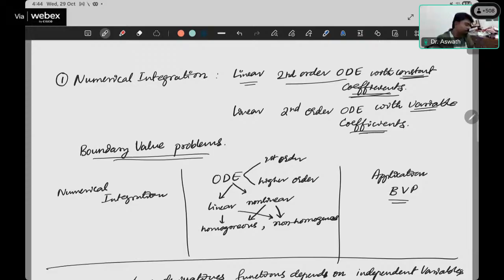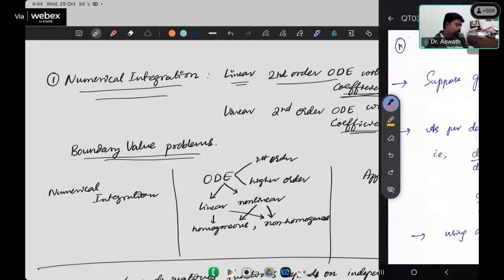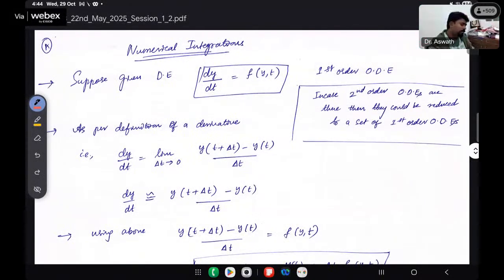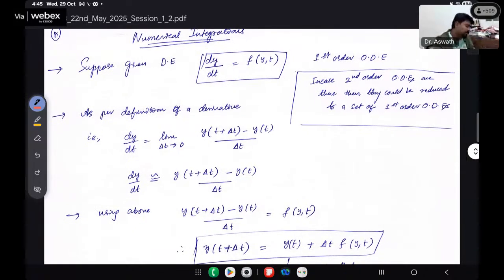We covered both of them. What else do I have to cover? I have to cover numerical integration. Boundary value problems, of course, we have touched them. Numerical integration, we'll check straight away from the notes. Since we have 15 minutes, I'll not waste any more time, so I'll straight away use my notes and discuss.